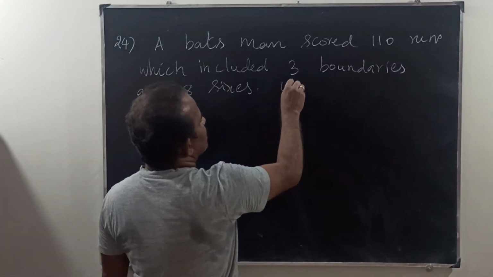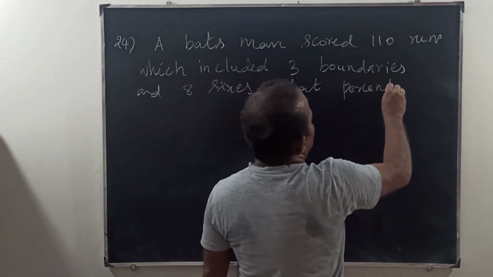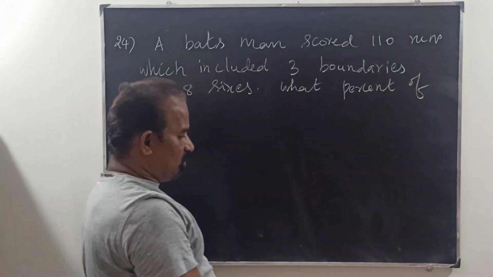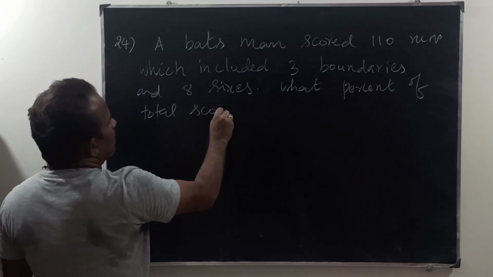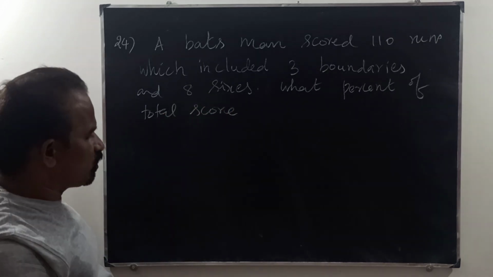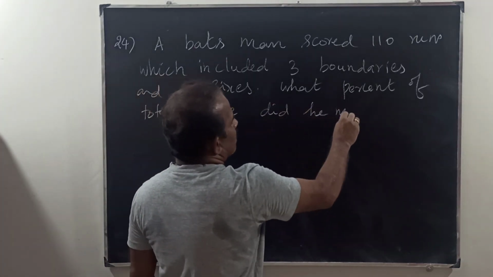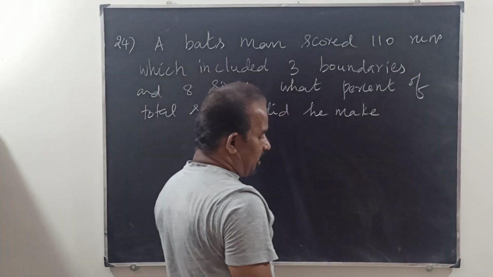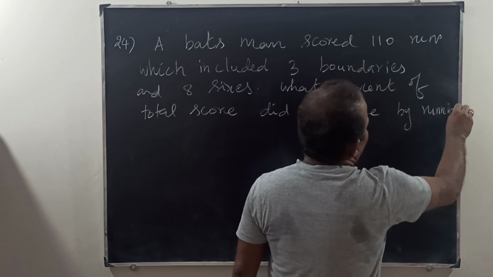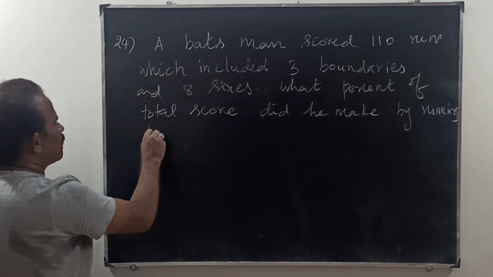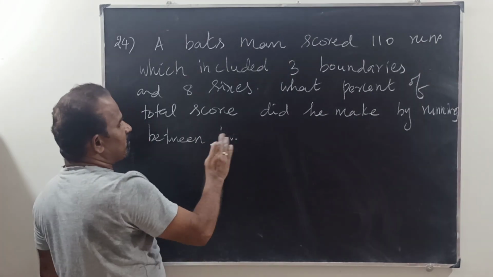What percentage of his total score did he make by running between the wickets?